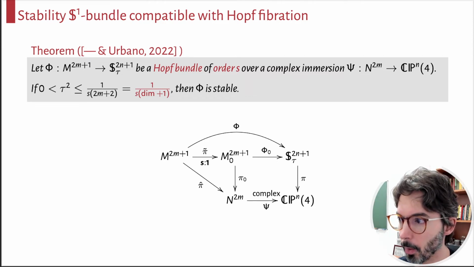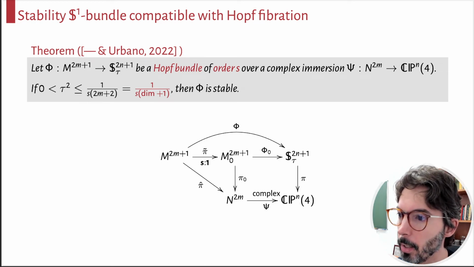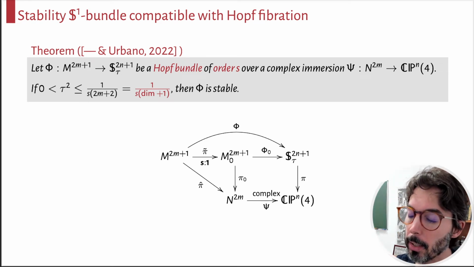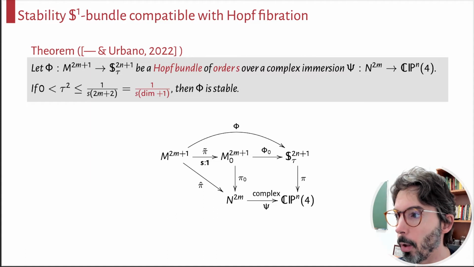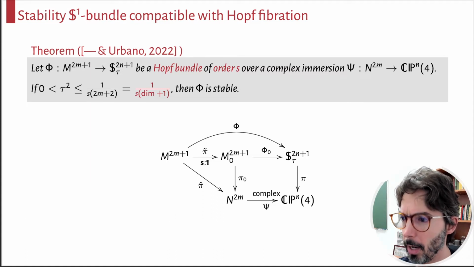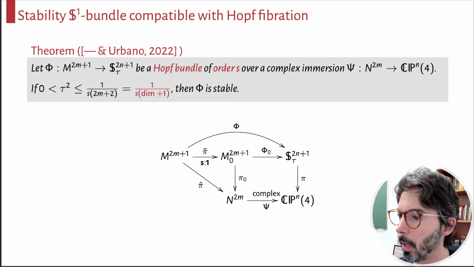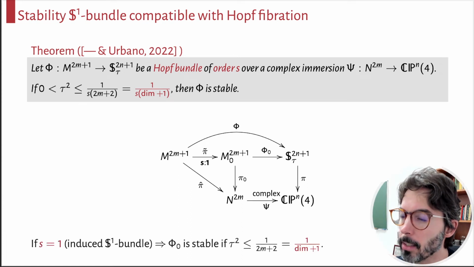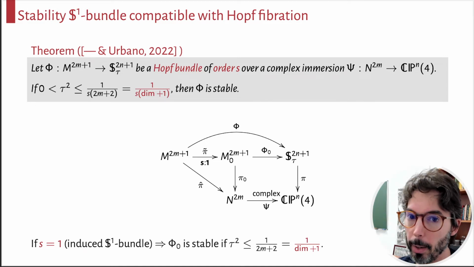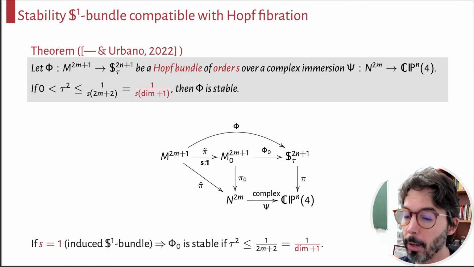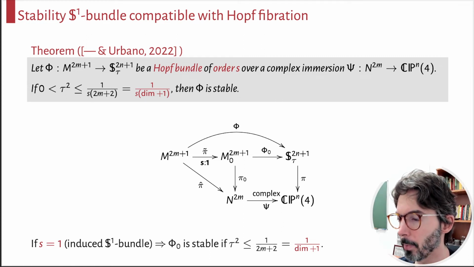That is, we get the best possible result in this case, since we have already shown that spheres and Veronese examples are unstable beyond this special value. In the case the order is 1, I mean we are dealing with the induced Hopf bundle, then phi is stable if and only if tau squared is less than or equal to 1 over (dimension plus 1).